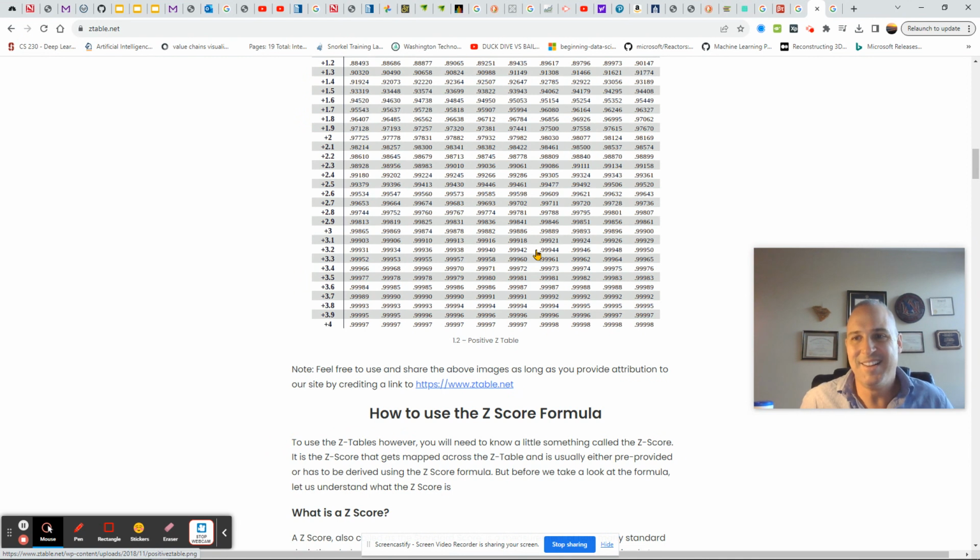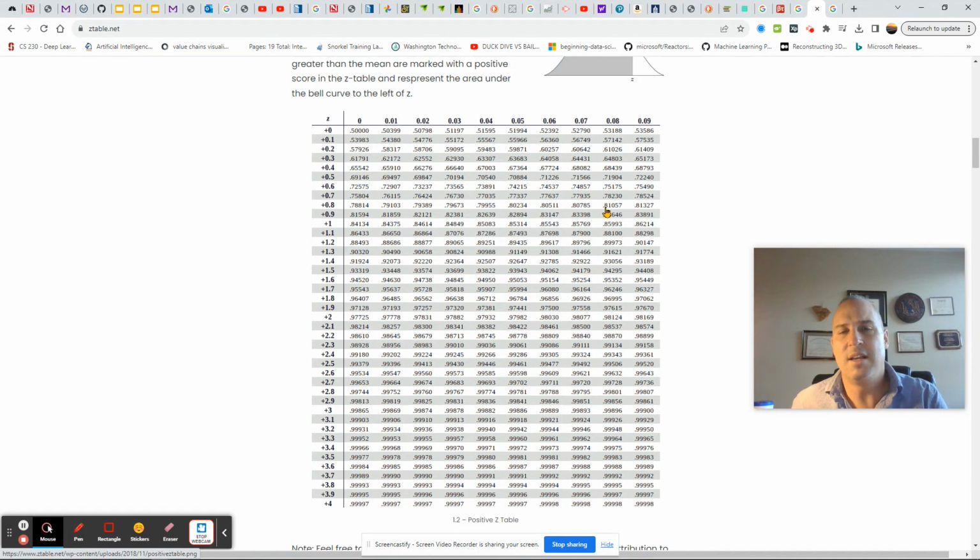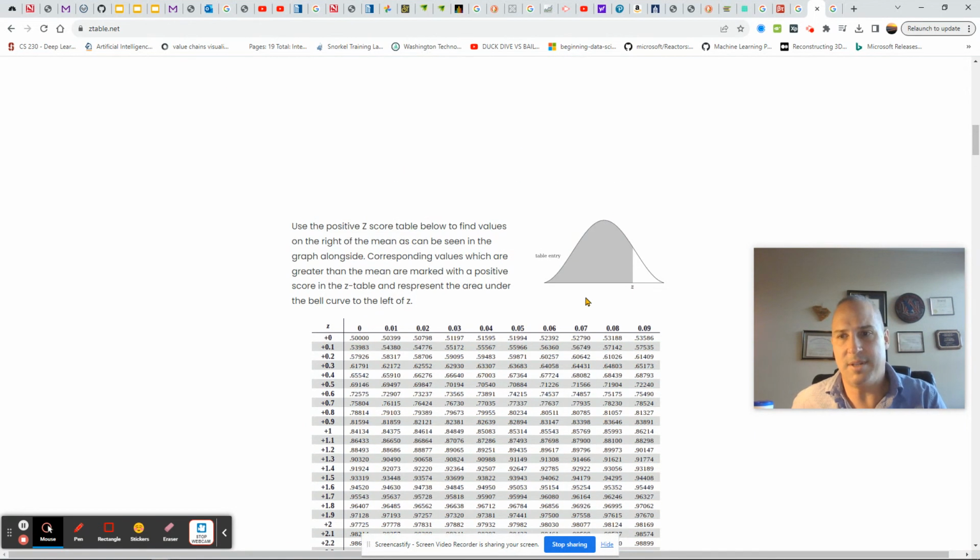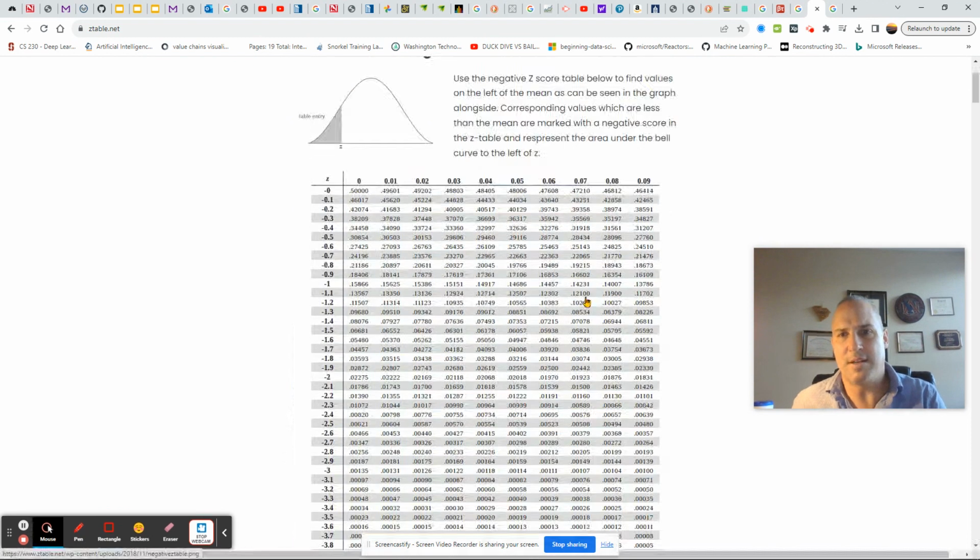So the main point is that you know how to use them, and what I really care about is that you understand these are probabilities and you look up the probabilities accordingly. So we are going to use these tables, and I'll give you a link for this.